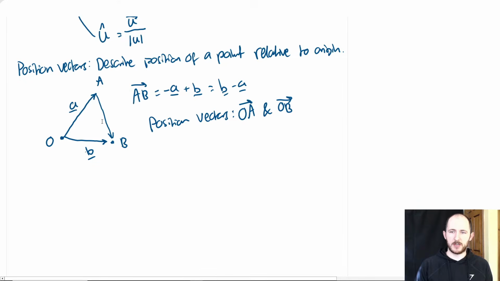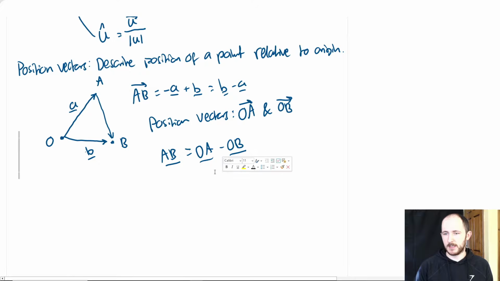So the subtraction AB here, you write that as OA minus OB. Sorry, the other way around for that one actually. So OB minus OA for this one.